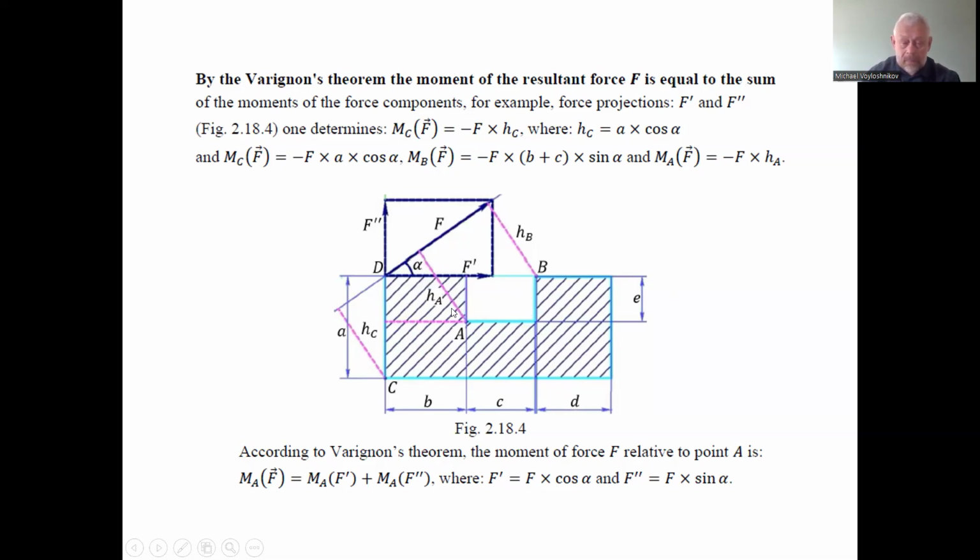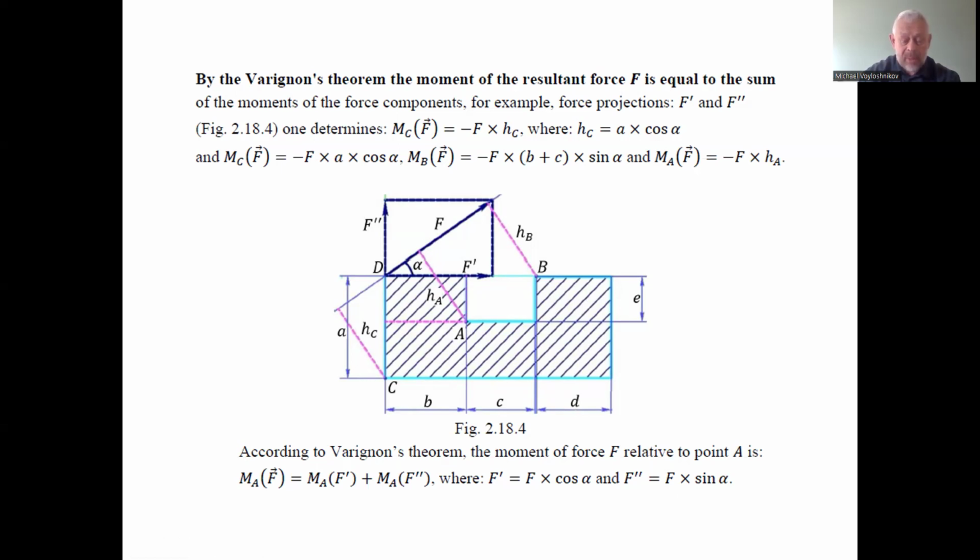But we can consider this rotation moment consisting of two moments caused by two components of the resulting force F, where one component, the horizontal one, is the product of the magnitude of the force F by cosine alpha, the angle of inclination of the force F to the abscissa axis, and the force projection F2 stroke of the force F on the ordinate axis, the vertical axis, is the product of magnitude F by sine alpha.